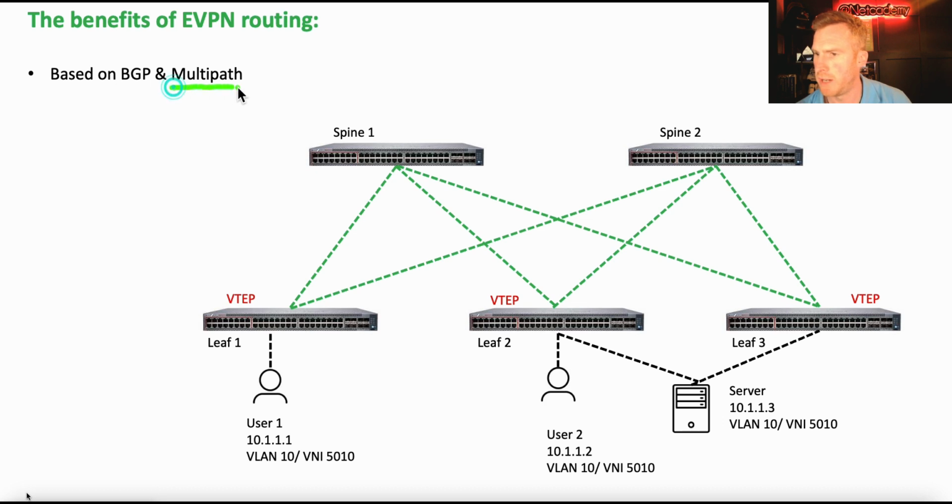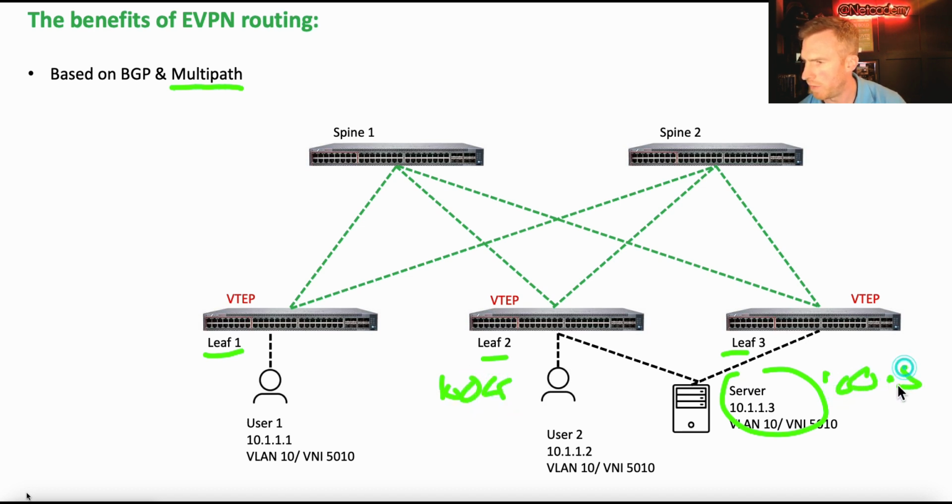Because every device has now advertised their loopback addressing, leaf 1 can see, if I want to get to the server which is connected to both leaf 2 and leaf 3, I've got two different routes to get to that loopback 4 and that loopback 5 here.